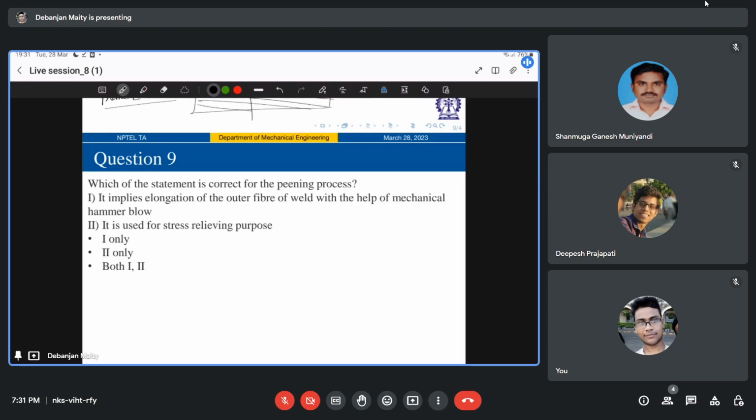Whereas in fusion welding, it's always liquid state diffusion, which is very rapid. So, are you aware of the solid state welding? Hmm. Yes, sir. Some processes.